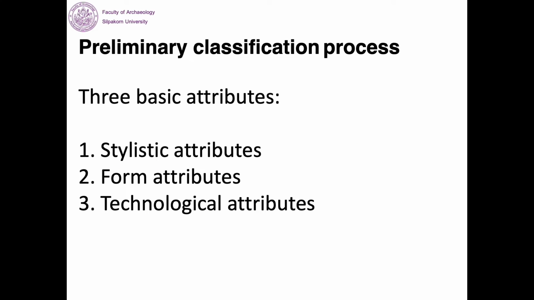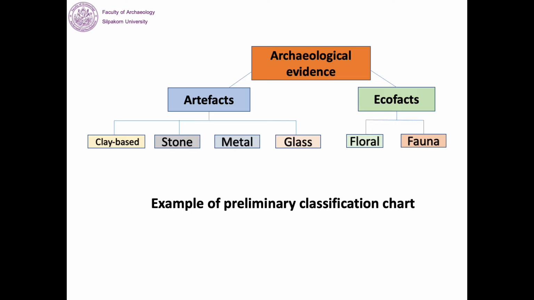The first step of classification that can be done after we collect samples from our survey is to categorize them by three basic attributes, including stylistic, form, and technological attributes. But before we divide the archaeological evidence by their attributes, we may begin by sorting the evidence into two basic groups.